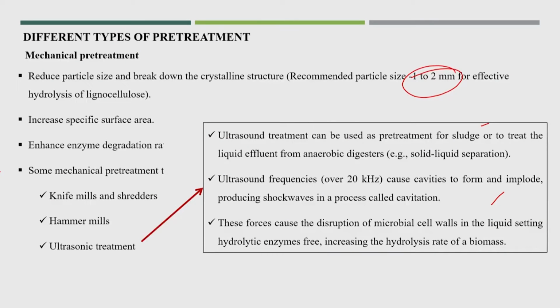Ultrasonic techniques can be used for pretreatment of the sludge or to treat the liquid effluent from the anaerobic digestion process. Ultrasonic frequency over 20 kilohertz causes cavities to form and makes the material easily available for the microbes for the degradation process.